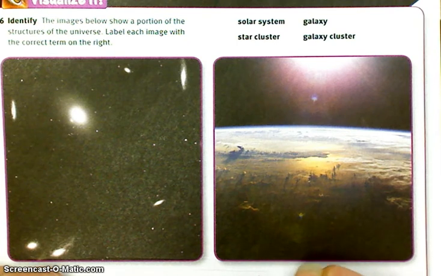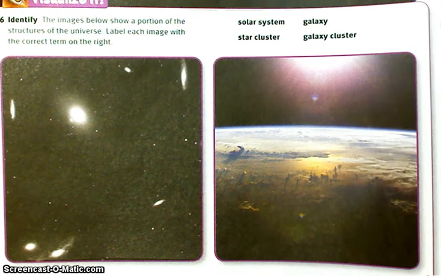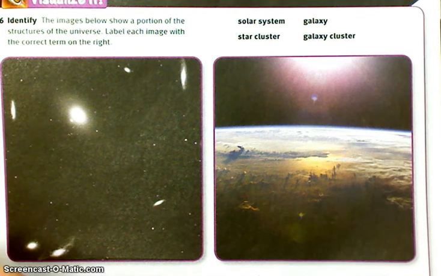But remember, our solar system is not the only one out there. Okay. And a reminder one more time is our solar system has only one star in it, and our solar system is located in the Milky Way galaxy, about 25,000 light years from the center of the galaxy. Okay, so that's the solar system.